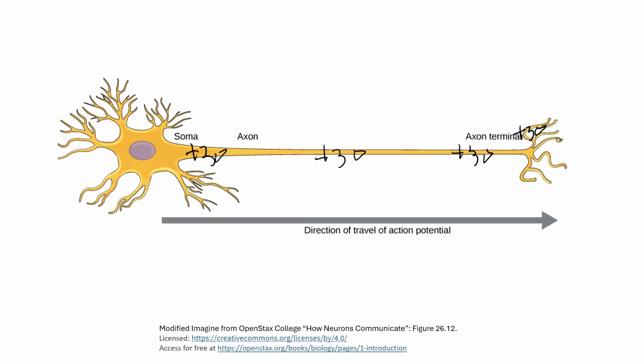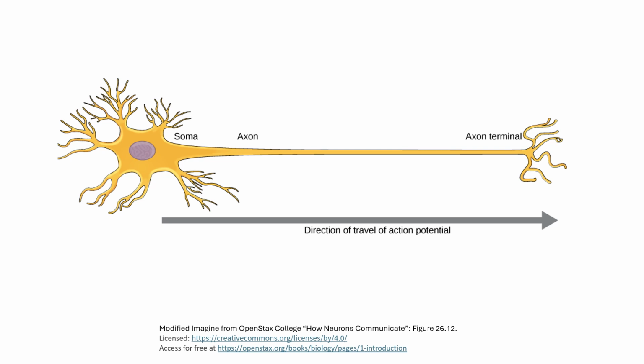And now what needs to happen is every single one of these regions needs to get back to negative 70 millivolts. In order to move from positive 30 back towards negative 70, that is referred to as a repolarization. And that is what we are going to take a look at.